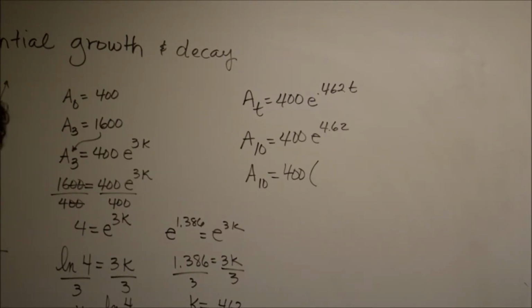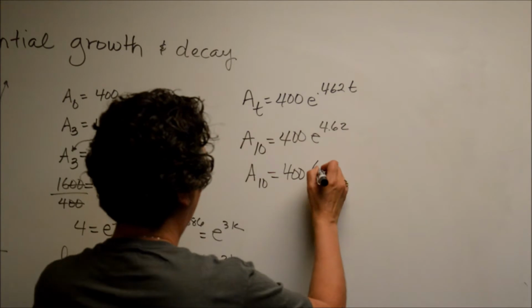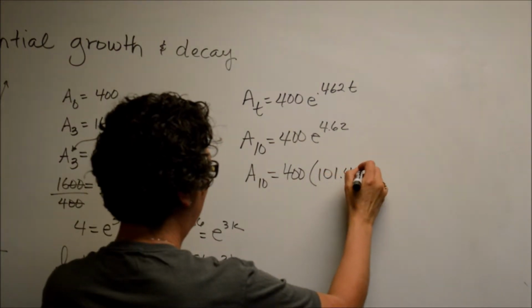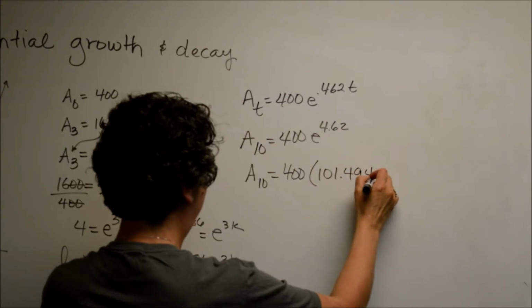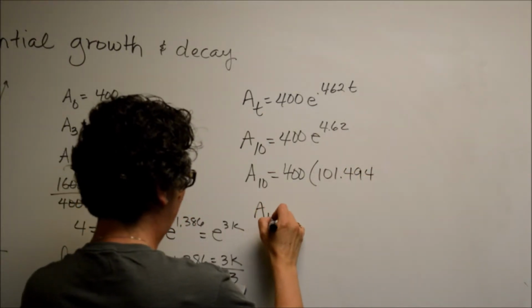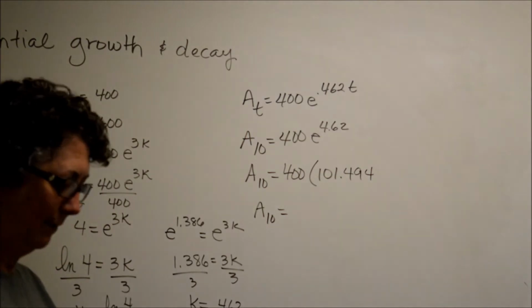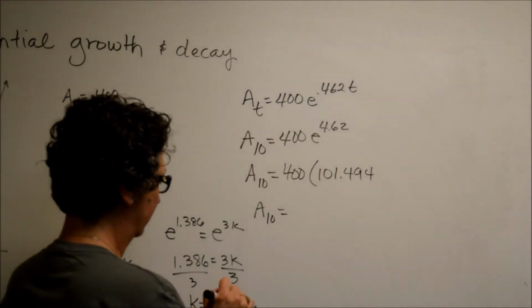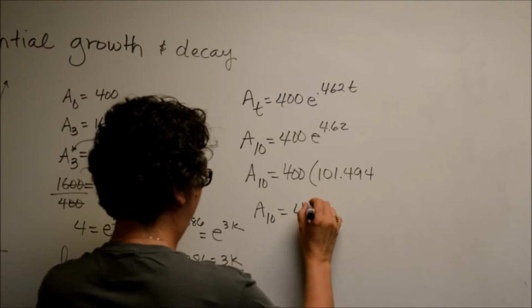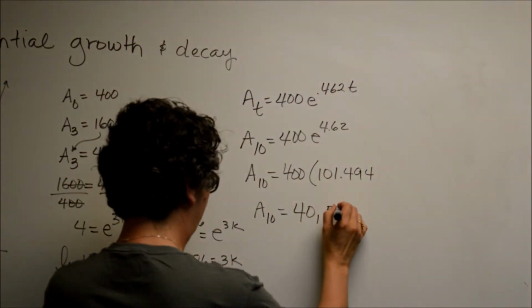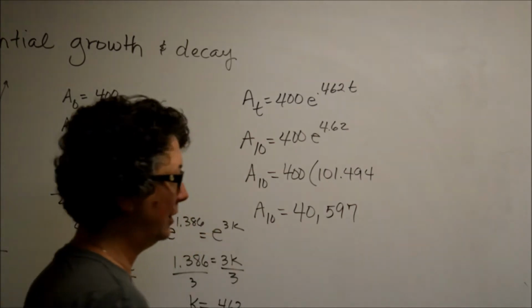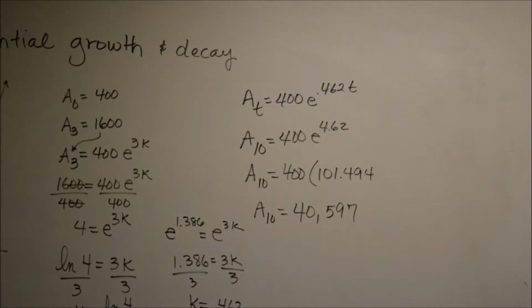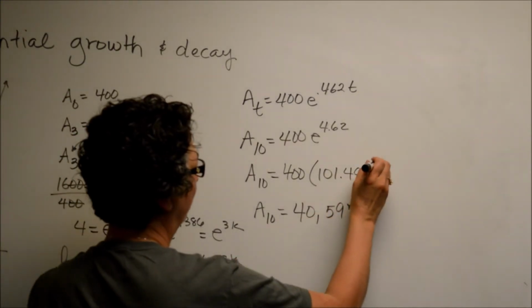Raise e to that power. We get 101.494. And when I multiply that by 400, 40,597 rabbits. That's a lot of rabbits.